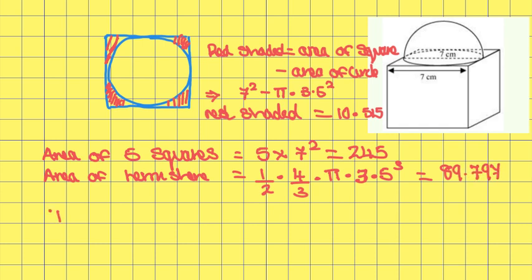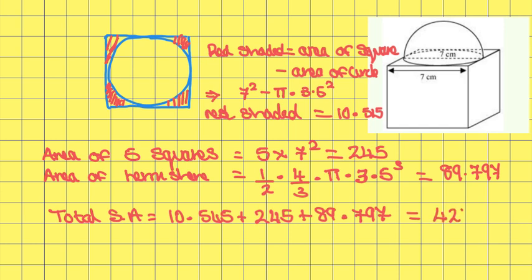So the total surface area is equal to 10.545 plus 245 plus 89.797, which equals 425 centimeters squared to 3 significant figures.